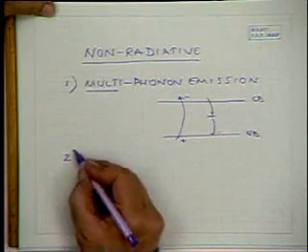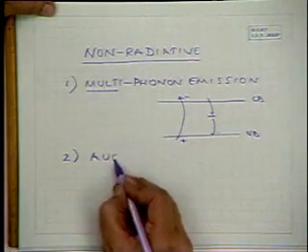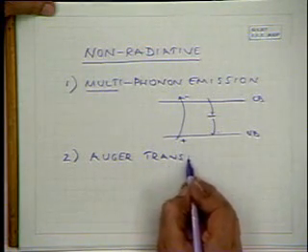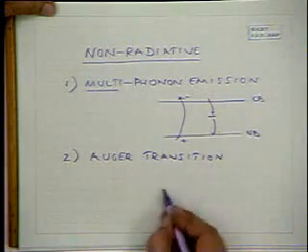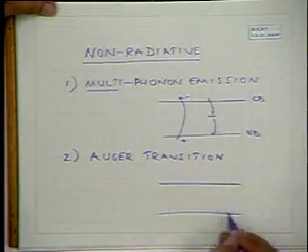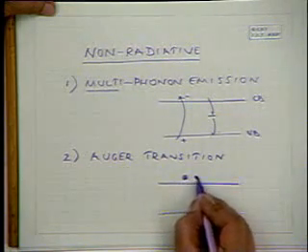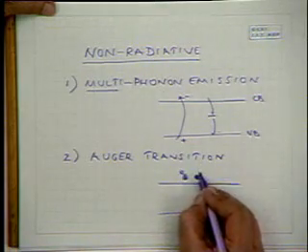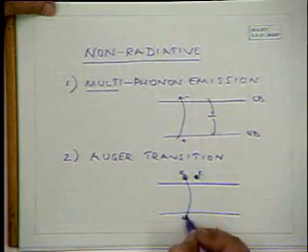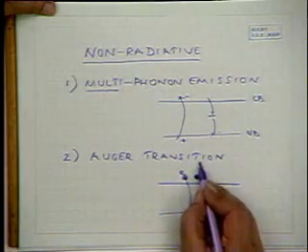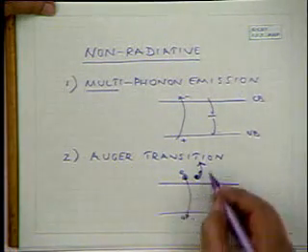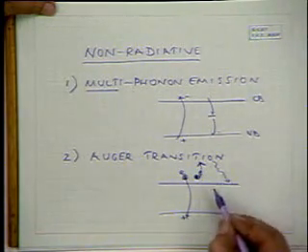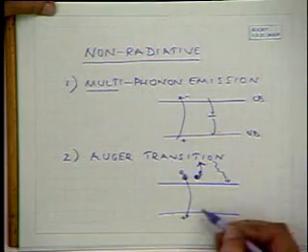The other process is an Auger transition, in which when an electron recombines with a hole, the excess energy is given to a third electron, which is excited, and this loses its energy ultimately by phonon emission again.